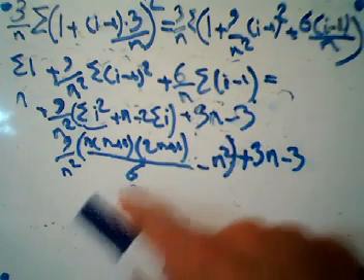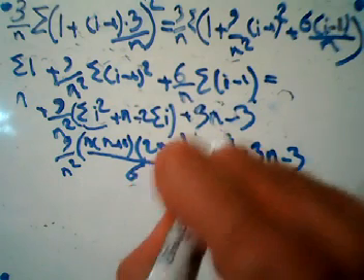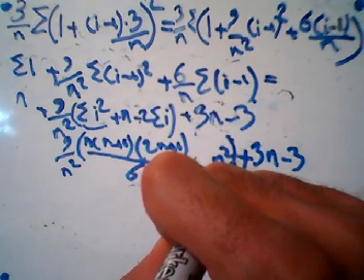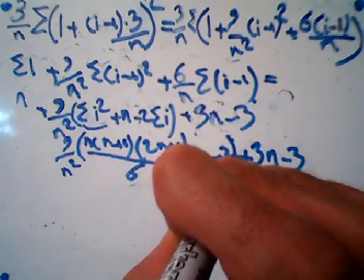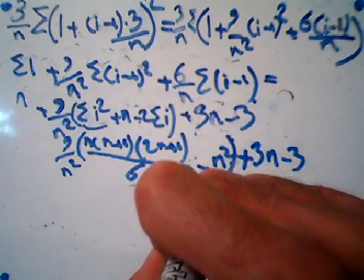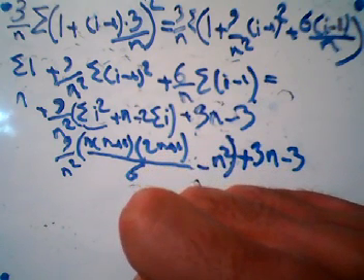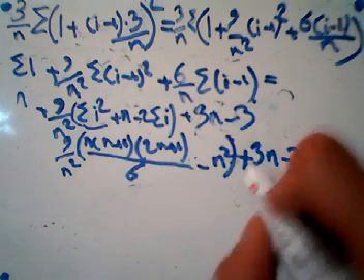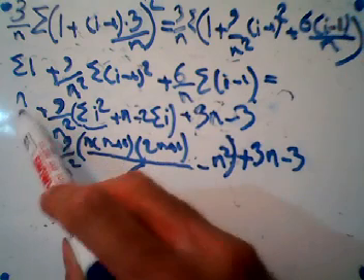We got 3n here from it, and we got another 3n here, 6n and 1n here.